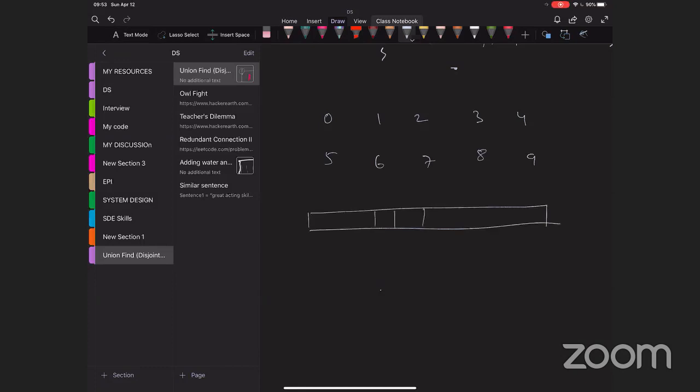When we initialize this, it will be 0, 1, 2, 3, 4, 5, 6, 7, 8, 9, and my count is equal to 10.